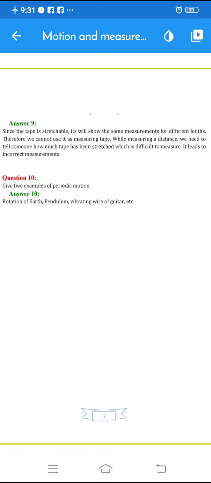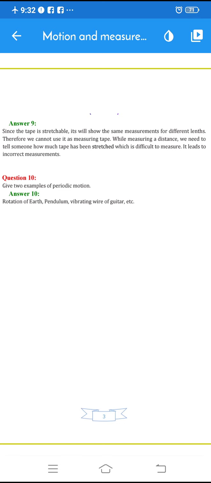While measuring a distance, we need to tell someone how much the tape has been stretched, which is difficult to measure. Hence it leads to incorrect measurement. That's why we cannot use a tape which is made of elastic, because it is stretchable, and that's why it shows different lengths for different objects.